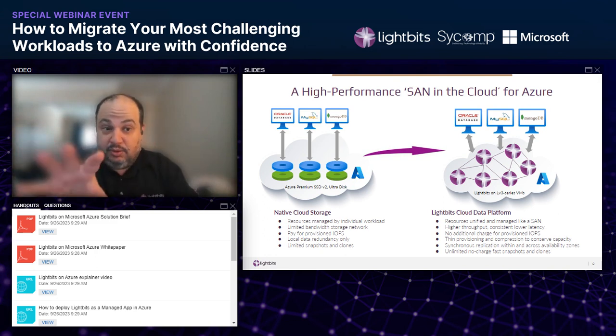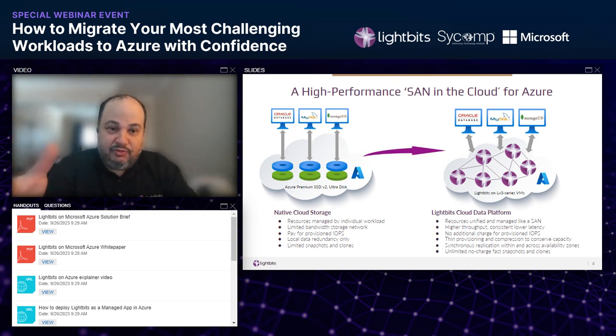With Lightbits, what you see on the right side, basically we give you the SAN in the cloud, as I said before. It's a bulk management of your storage. You just pool all these LSP3 virtual machines together, and you get a huge amount of storage that you can provision for your application with all the flexibility.